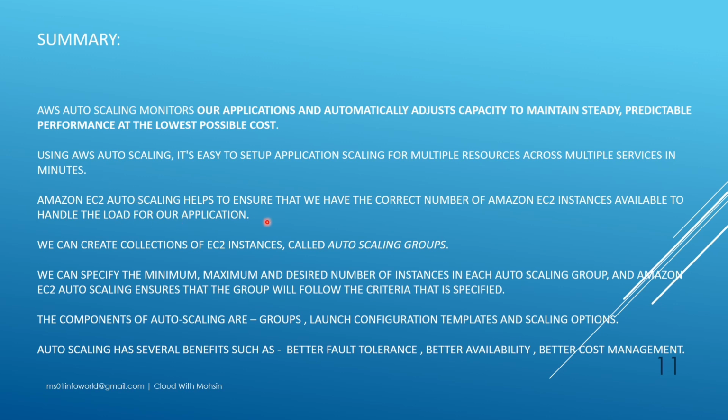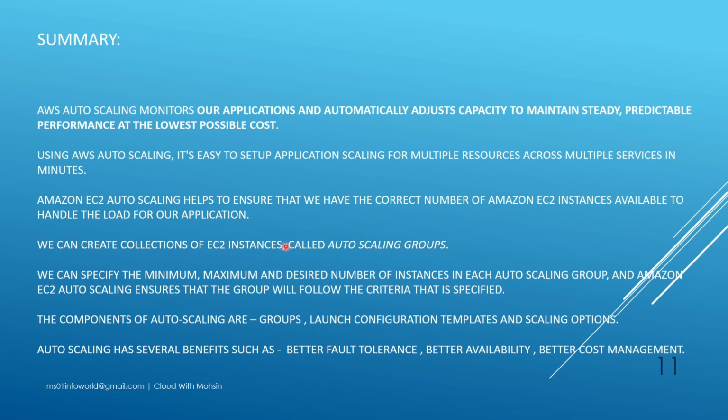It also helps to ensure that we have the correct number of Amazon EC2 instances available to handle the load for our application. That is the benefit of EC2 auto scaling. The collection of EC2 instances is called an auto scaling group, and we can specify the minimum, maximum, and desired capacity of the instances in each auto scaling group, and based on that it will be launched.